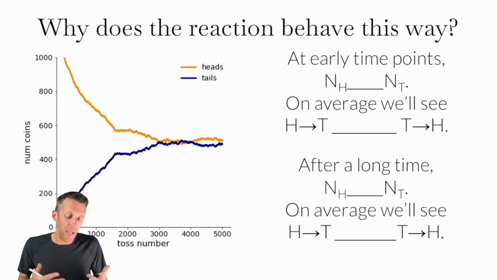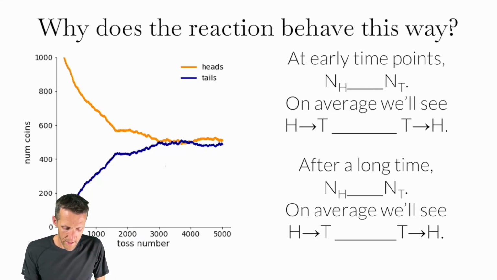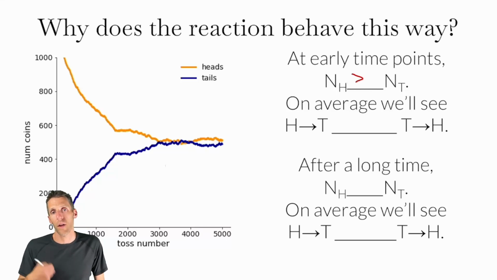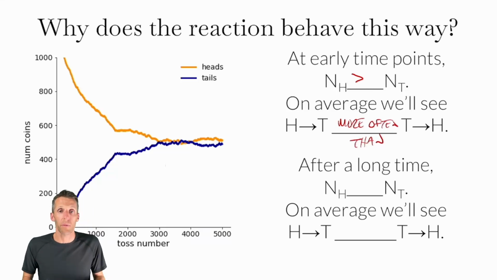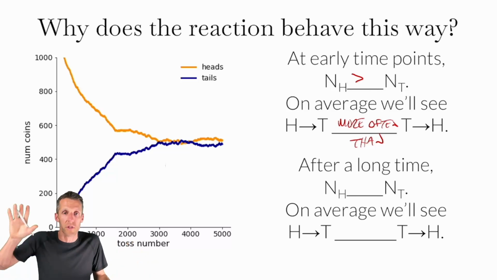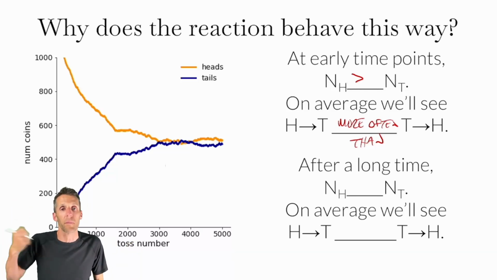So why does the reaction behave this way? At early time points, the number of heads is greater than the number of tails, which means on average we'll see head to tail more often than tails to heads. We just have more heads around. If I just grab a coin off the table, the odds are it's going to be heads.